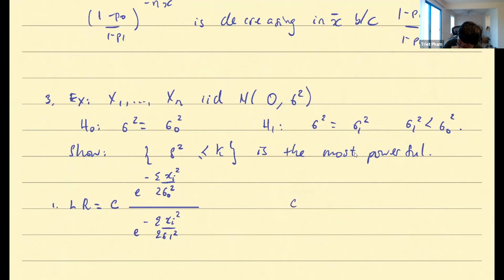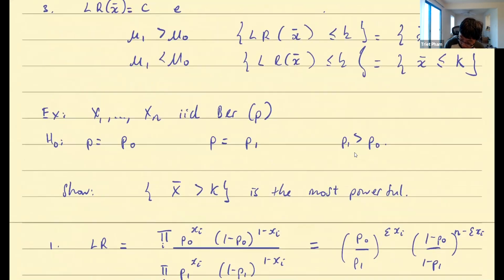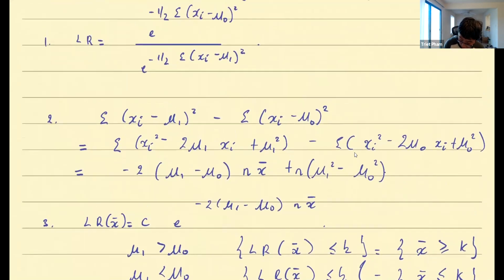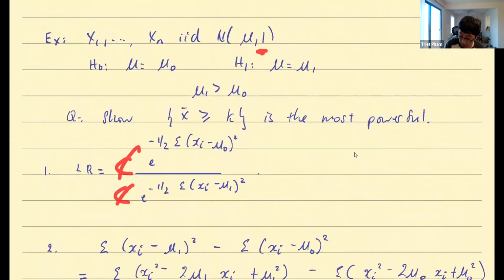The constant C is 1 over 2 pi sigma 0 squared raised to n over 2, divided by 1 over 2 pi sigma 1 squared raised to n over 2. In the previous case, the two multiplicative constants cancel because they have the same variance.